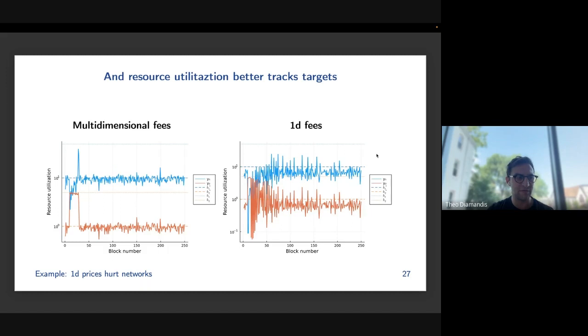There was a recent paper at Financial Cryptography this year, I think, that observed some types of oscillations in fee markets as well, which might suggest it's due to only having one knob on your controller, instead of with multi-dimensional fees, where you have multiple knobs on your controller. But you see this oscillatory behavior and it takes a while to settle back down to the target.